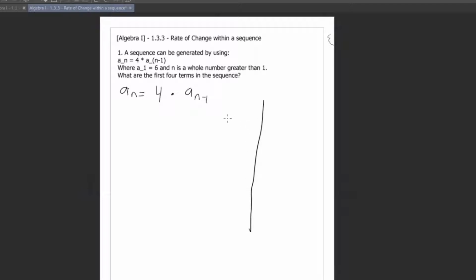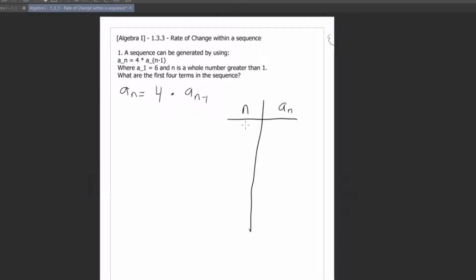I've recommended plotting a table for a lot of things, where this will be n, and then this will be a sub n, right? Okay, where a sub 1 equals 6. I'll change these titles. A sub 1 equals 6, and n is a whole number greater than 1. What are the first four terms in this sequence, right?